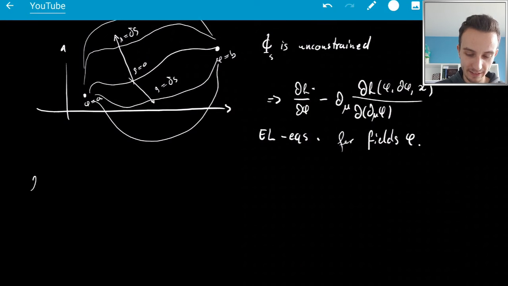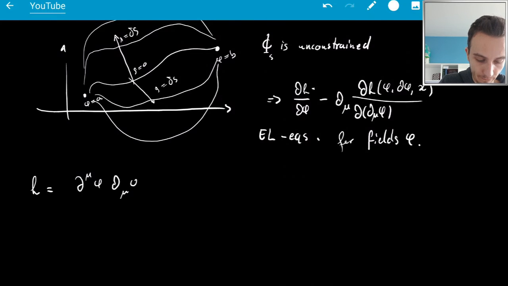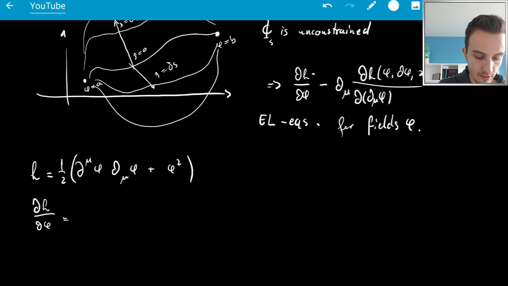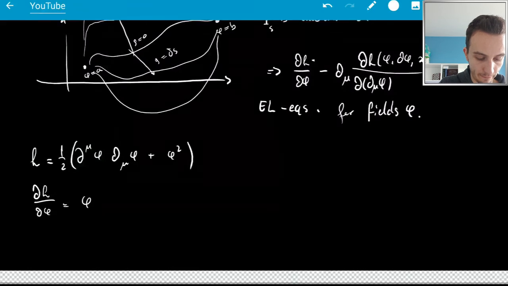Maybe I'll give a small example. So suppose L is one half d mu phi d mu phi plus one half phi squared. Okay, so then dL by d phi is, so we should write it, it's just phi.